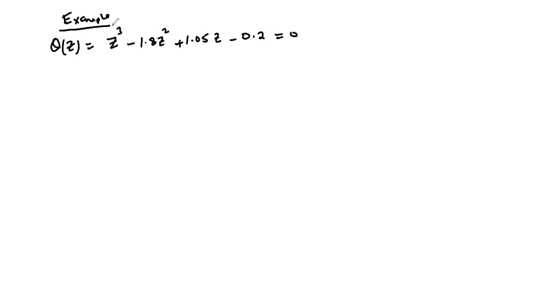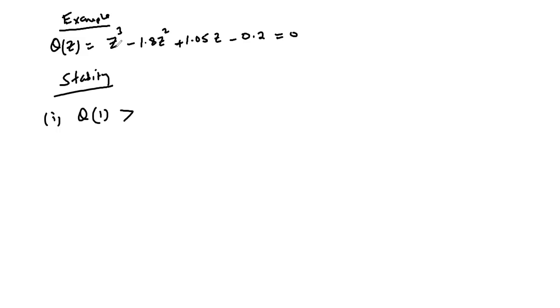That is the characteristic equation of the system, and we evaluate the stability of the system using the jury's stability test. This is a third order system, and the first criterion is that Q of 1 must be greater than 0.